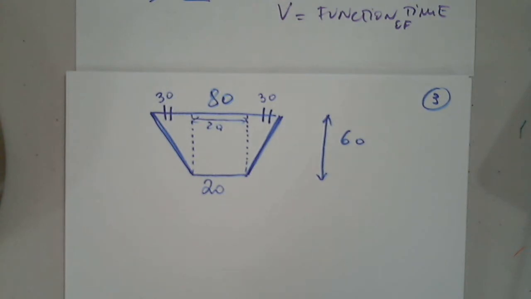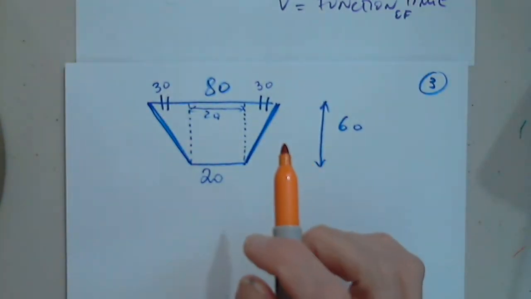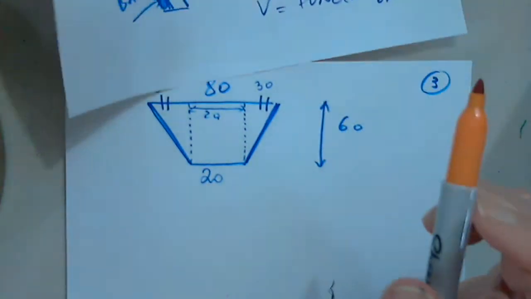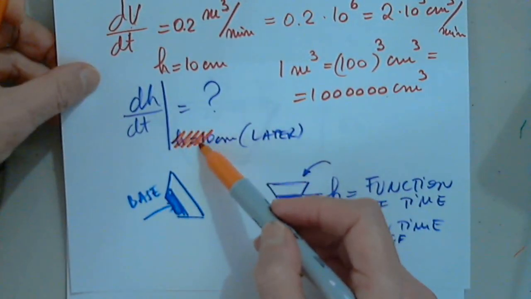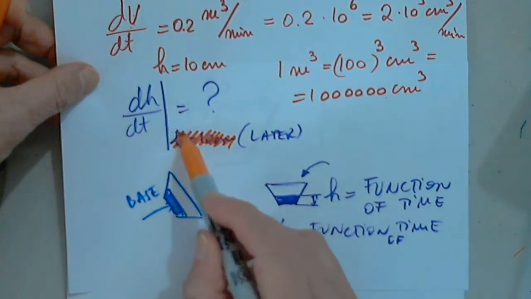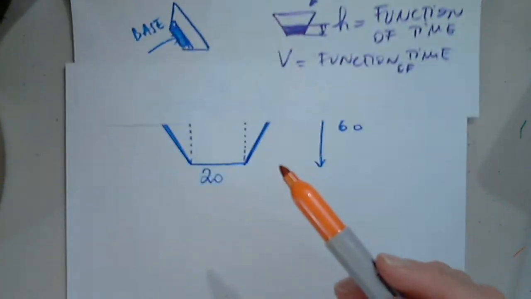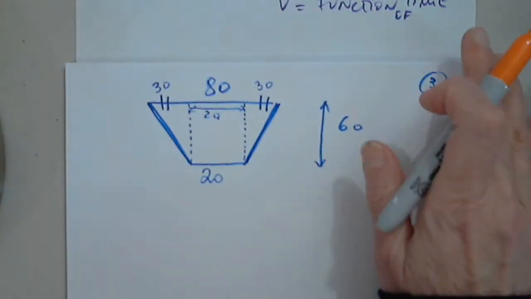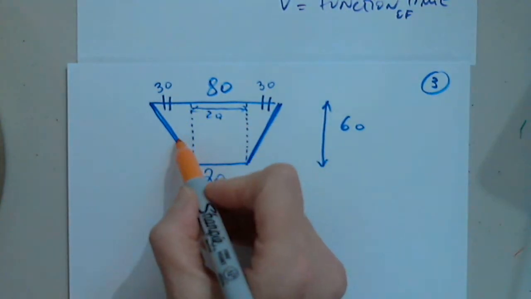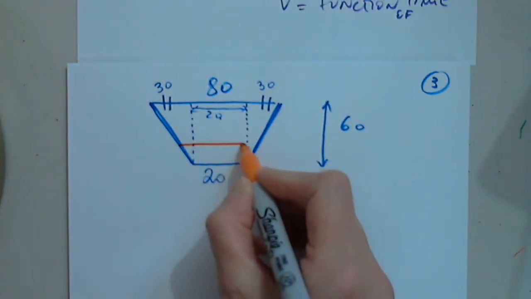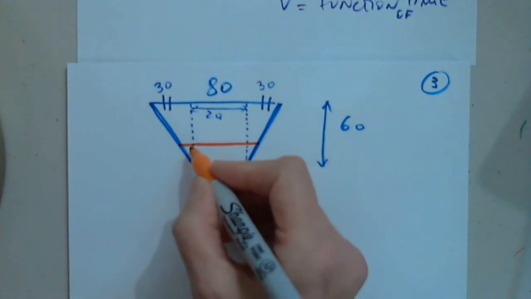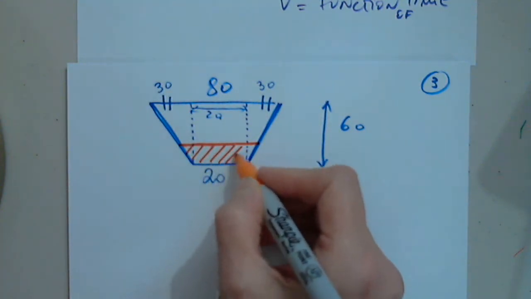Now, I don't know where the water level is. You can say you do. No, I don't. I cannot put this in till the very end. So I will have to consider some level. I'm going to consider this level. So in other words, this is the water.